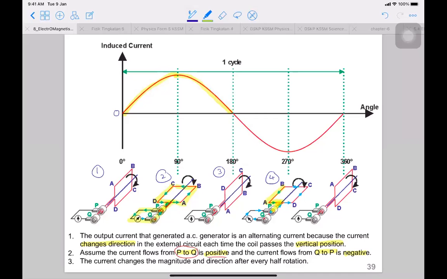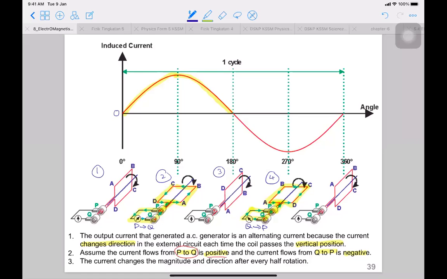Dia limpas pergi sana Q and then going to P and then back to D and then C. So this one, dia punya direction is from P to Q. This one is Q to P. Direction is Q to P, so we consider that one as a negative direction, moving in the negative direction.